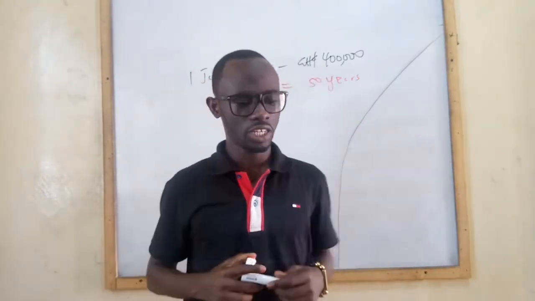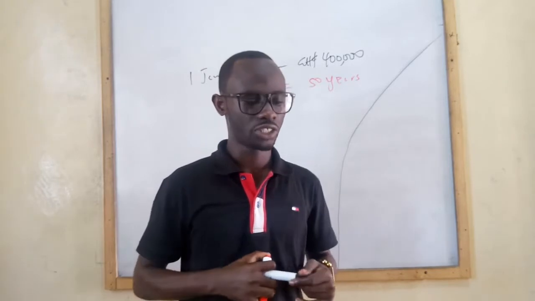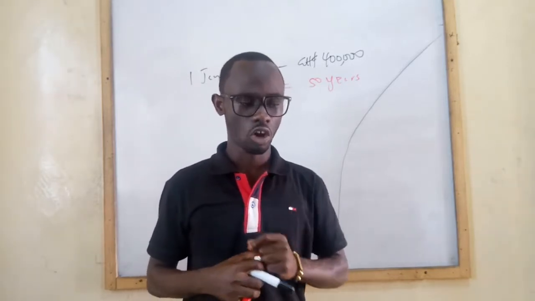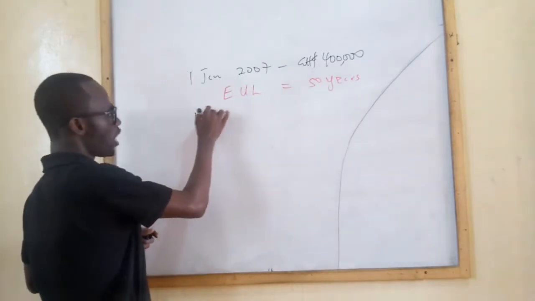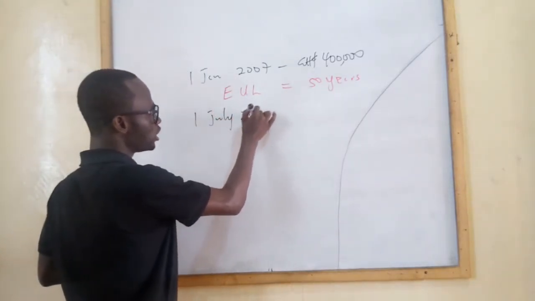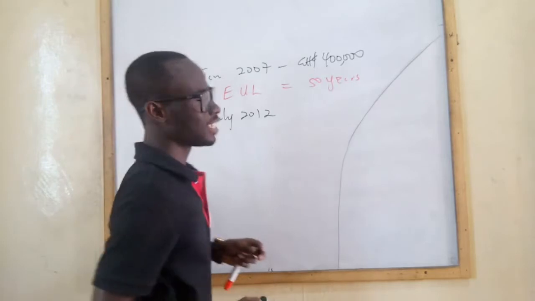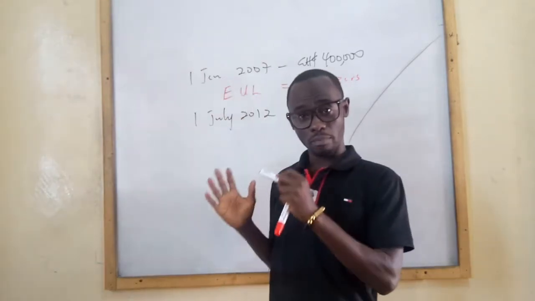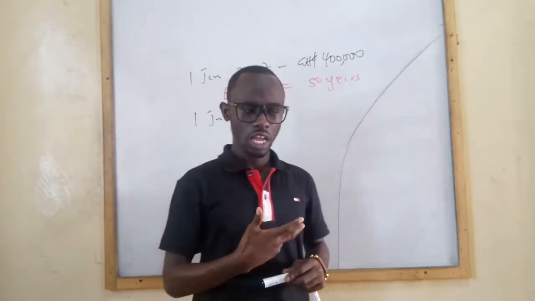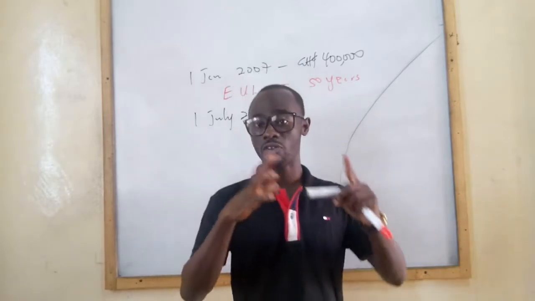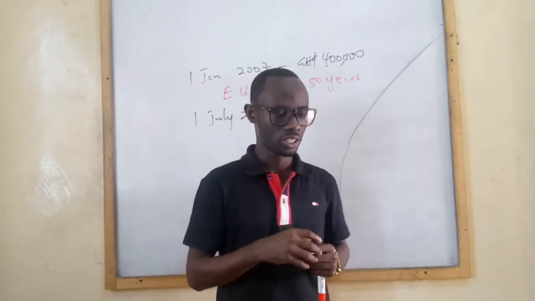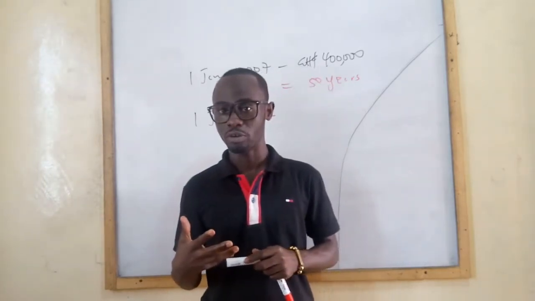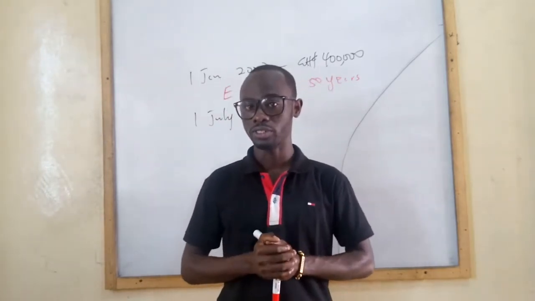Subsequent to its acquisition, the asset was measured at depreciated cost until 1st July 2012. Until 1st July 2012, the asset was being used by the business. On 1st July 2012, management decided to convert that building, which they are using as office premises, into an investment property, mainly for rental purposes.